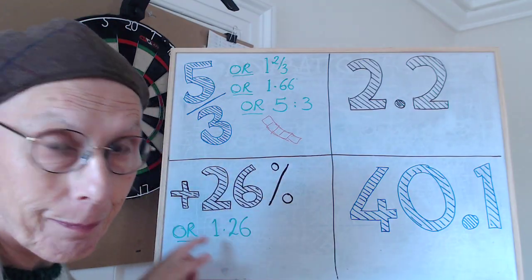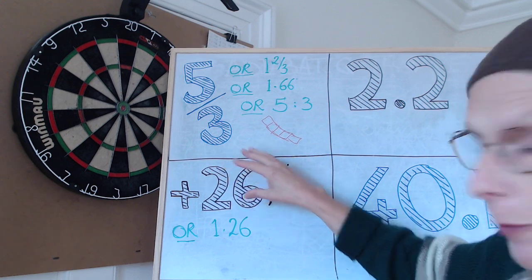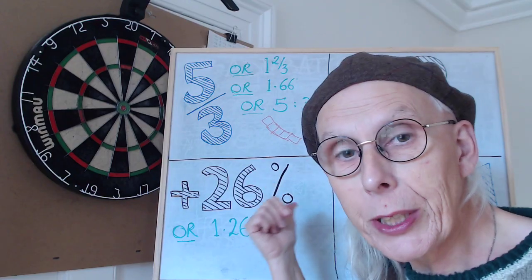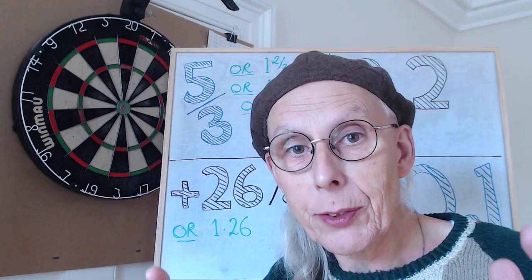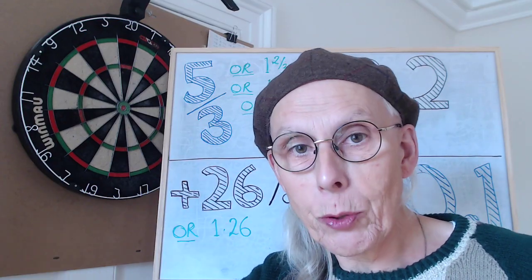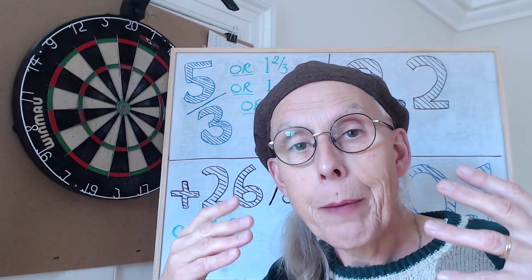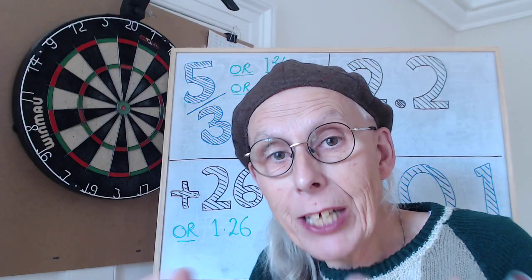This is a gift. This number, 26%, in addition, or you can think of it as 1.26, the dartboard gives you this for free. So if you throw darts at random at the dartboard, and we've got a little man called Tony who lives in the computer who does that for us, the dartboard will always give you 26% extra for free.